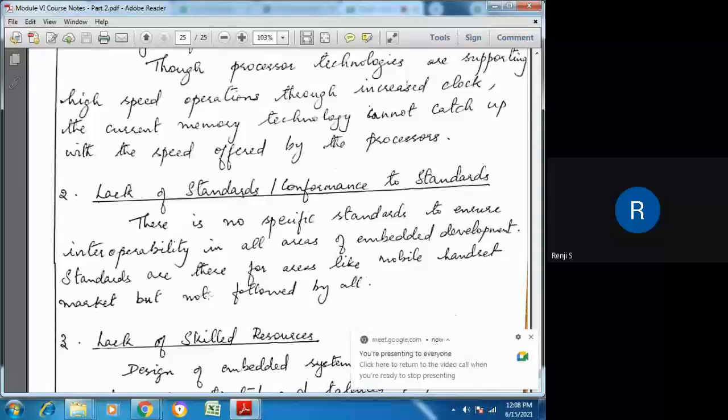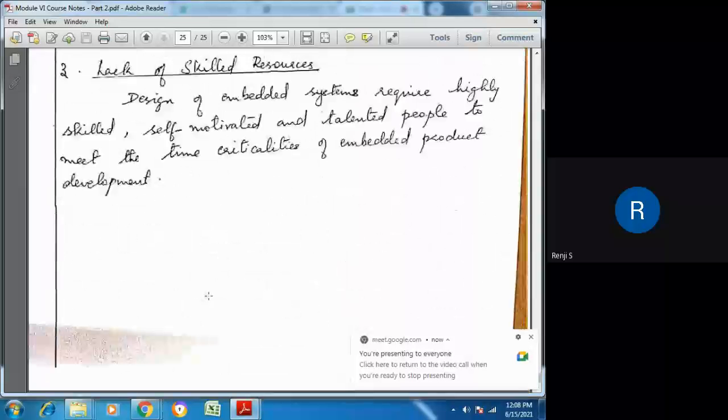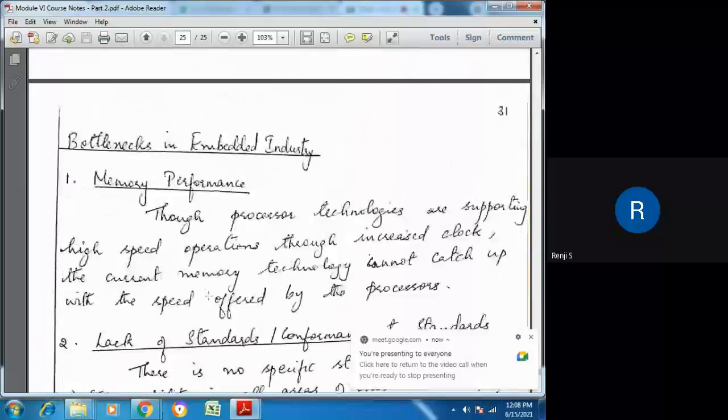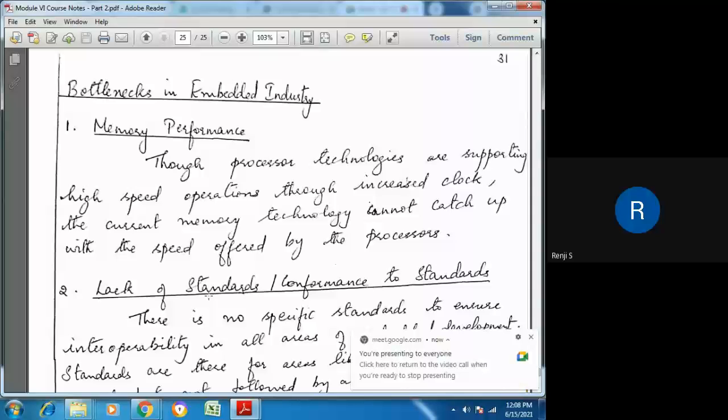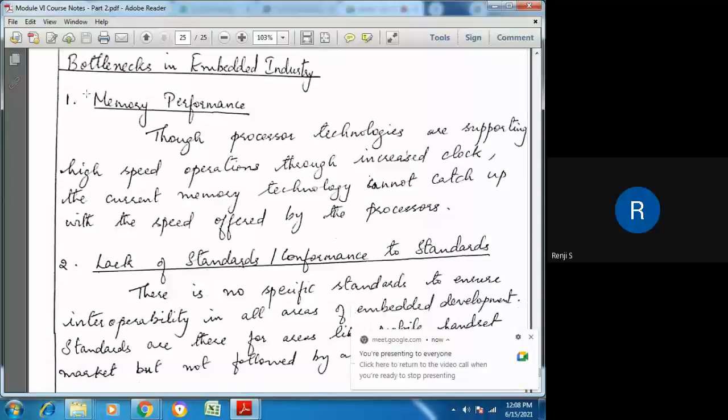Next is the bottlenecks in embedded industry. Bottlenecks means the disadvantages, the things that hinder the progress of the embedded industry. One is memory performance.